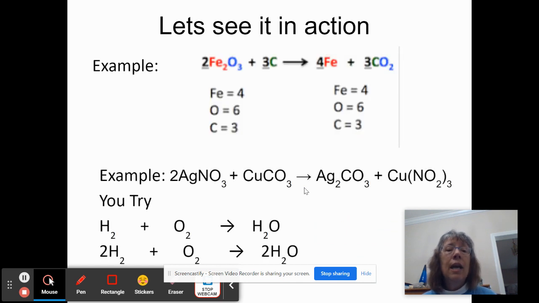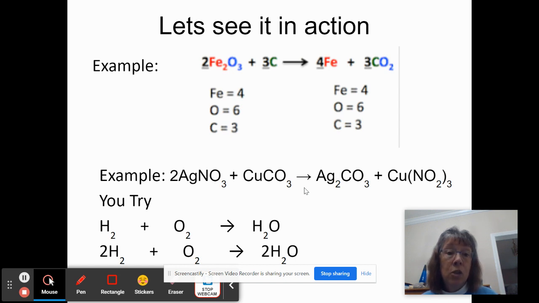Now here's another example. 2 AgNO3 plus copper carbon oxide produces Ag2CO3 plus CuNO2 times 3. So you try it. You've got hydrogen 2 plus oxygen 2 becomes H2O.